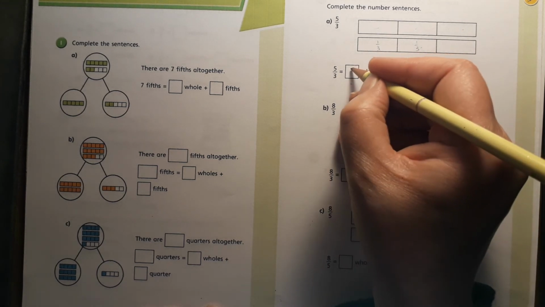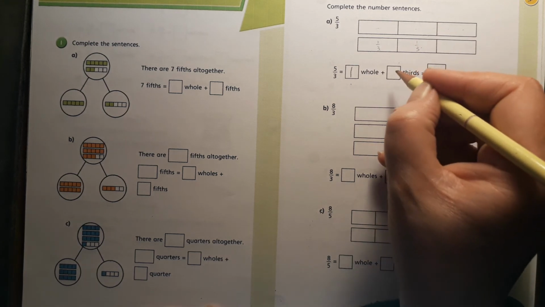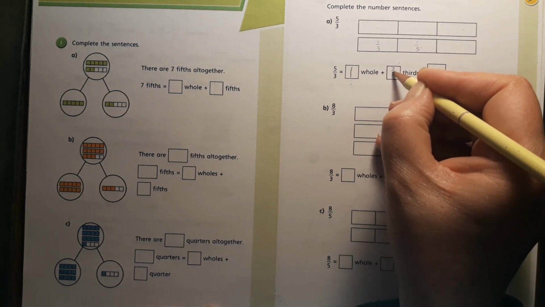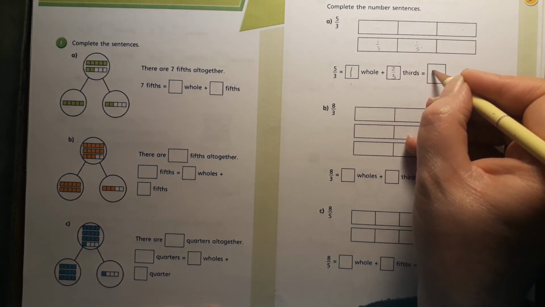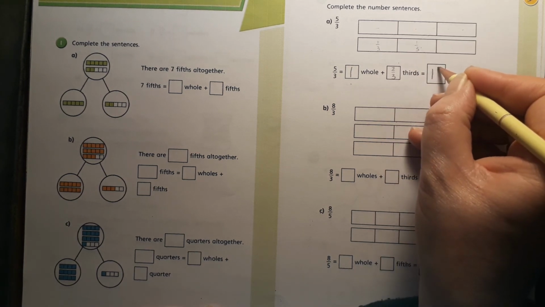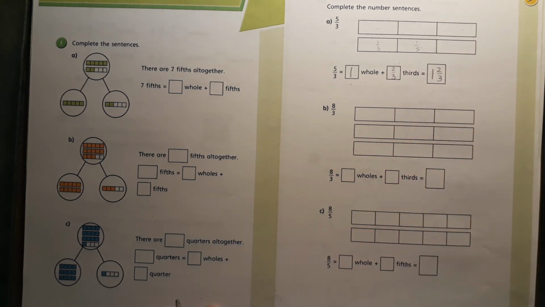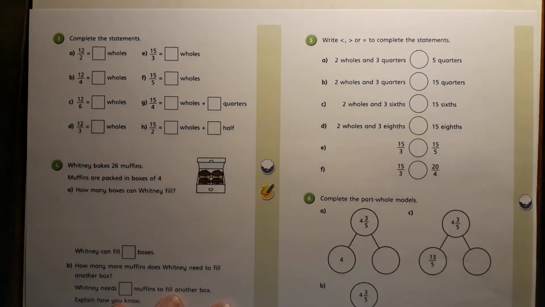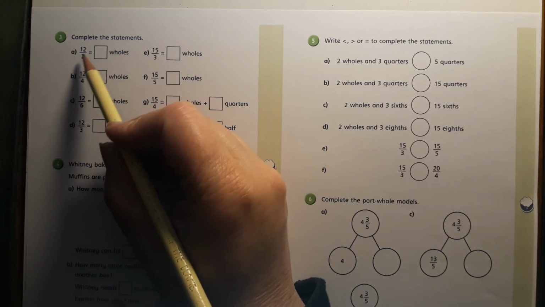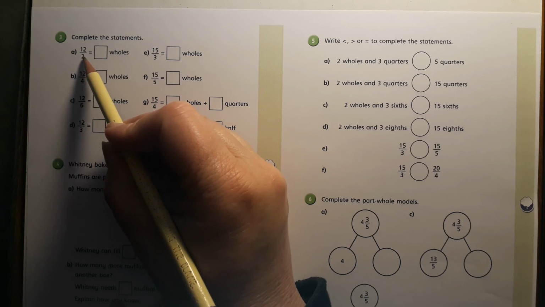So what they're looking for is for you to write 1 whole plus 2/3, which would be the same as 1 whole and 2/3. Okay, so you can work your way down the sheet there, and then here's where we're going to start to think about what these fractions actually mean.